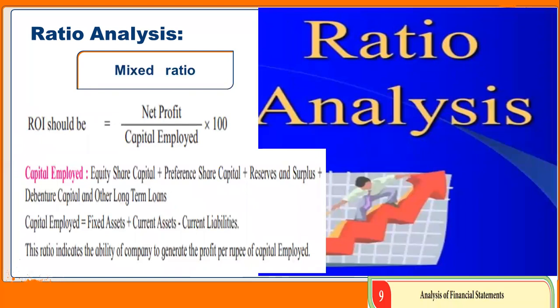Capital employed is equal to equity share capital plus preference share capital plus reserves and surplus plus debenture capital and other long-term loans. Capital employed is equal to fixed assets plus current assets minus current liabilities. This ratio indicates the ability of company to generate the profit per rupee of capital employed.